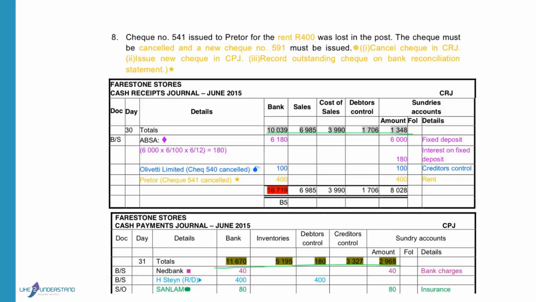I will show in the cash receipts journal that we received money from ABSA, 6,000 that will be transferred to my fixed deposit account. Then on this 6,000, 6% interest for 6 months, so we also received 180 Rand for interest on fixed deposit.